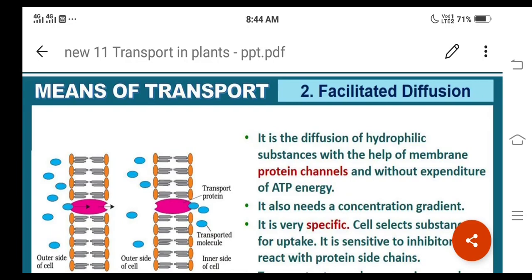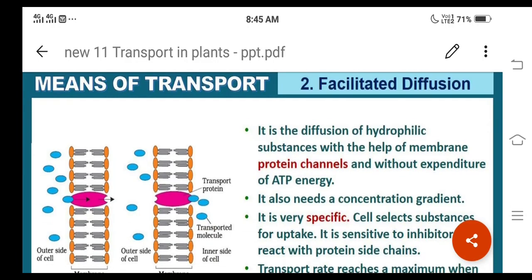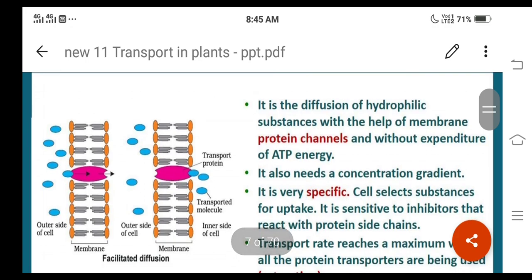Remember, it also needs a concentration gradient. The third important point is that it is very specific, which means the cell will select the substances for uptake.